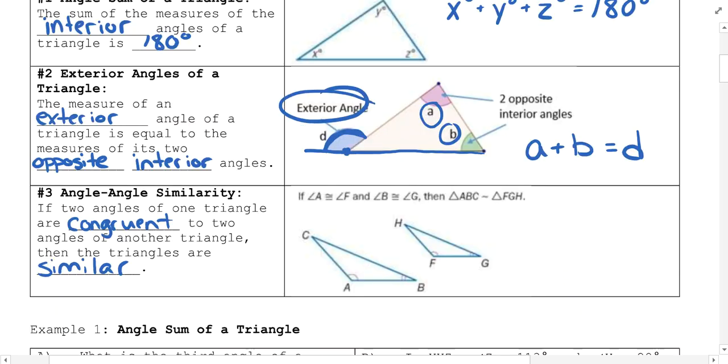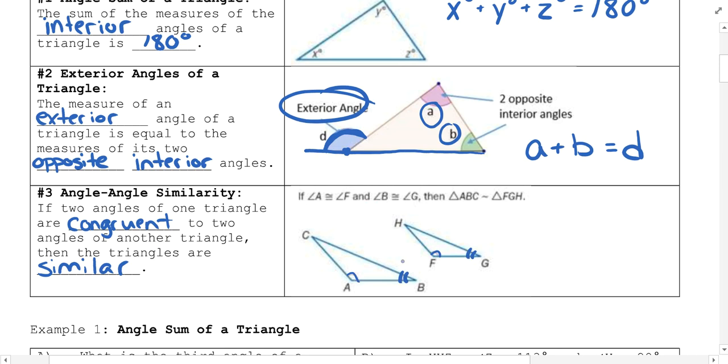So if we look at our diagram, angle A is congruent to angle F, which we can see because of the single arcs, and angle B is congruent to angle G, which we can see because of the double arcs.